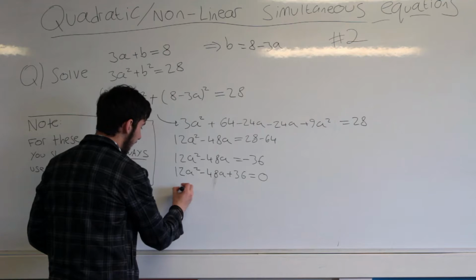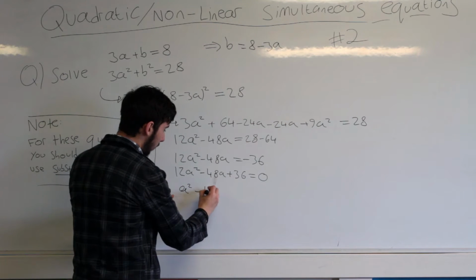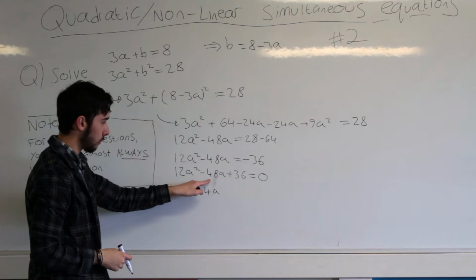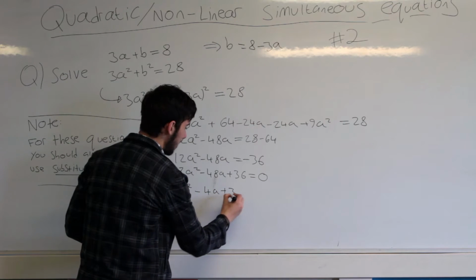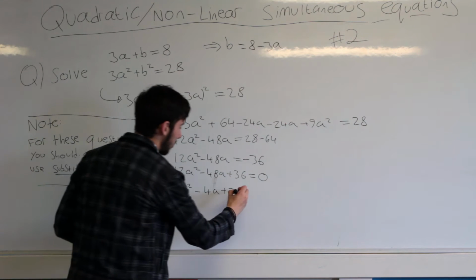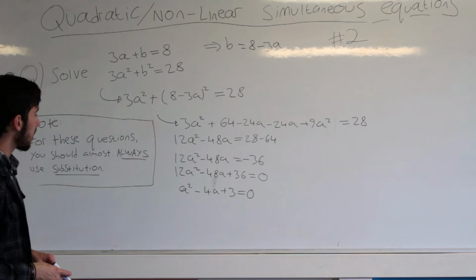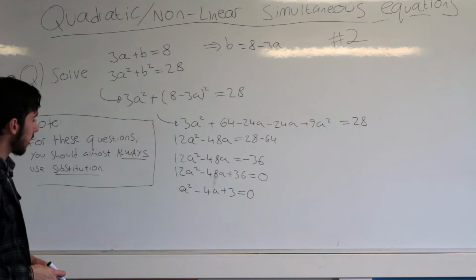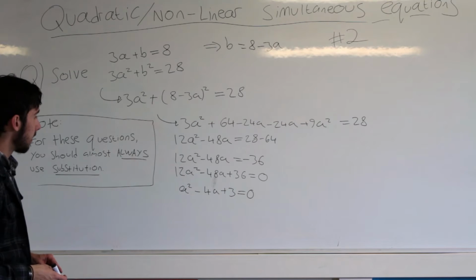So we can have a squared, because it's dividing by 12, minus 4a, because it's 48 divided by 12, plus 3, because that's 36 divided by 12, equals 0. Okay. Now we can say, are there two numbers that multiply together to make 3 and add together to make minus 4?